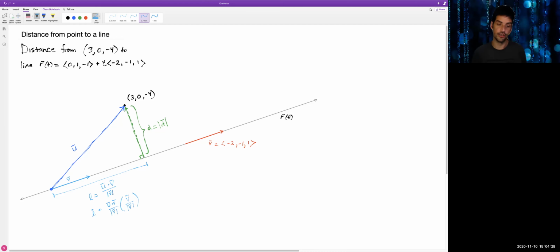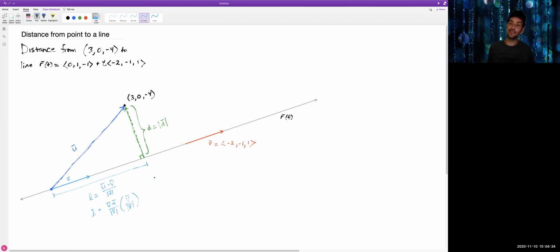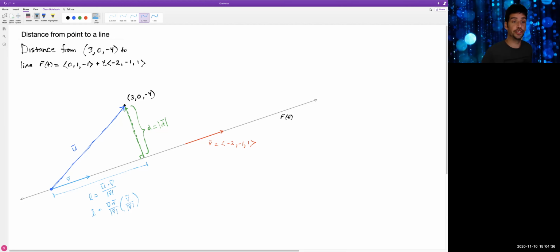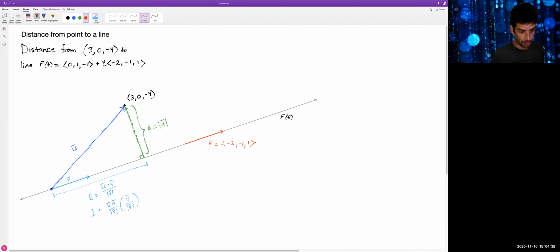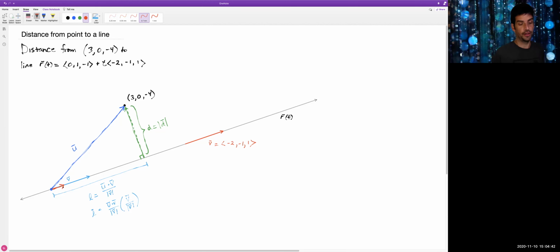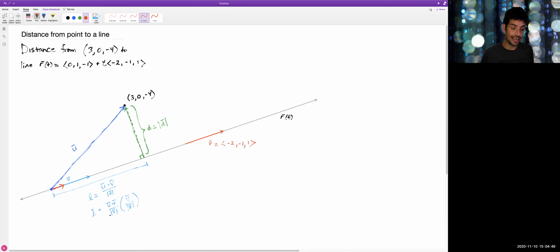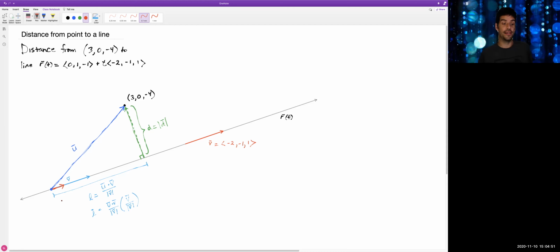There are a lot of symbols here, but let's look at what everything is. Inside the parentheses is the unit vector in the direction of v. Maybe v is longer than 1, so there would be a unit vector in the direction of v. We take that unit vector and scale it by this length.